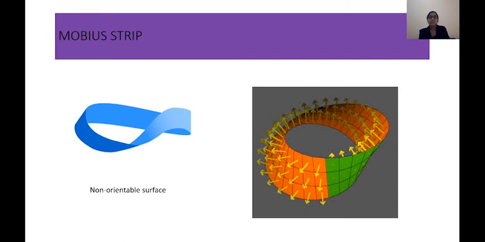So we cannot say that its orientation is positive or negative, or outward or inward. So the Mobius strip is a well-known example of a non-orientable surface, and it is a very important surface.